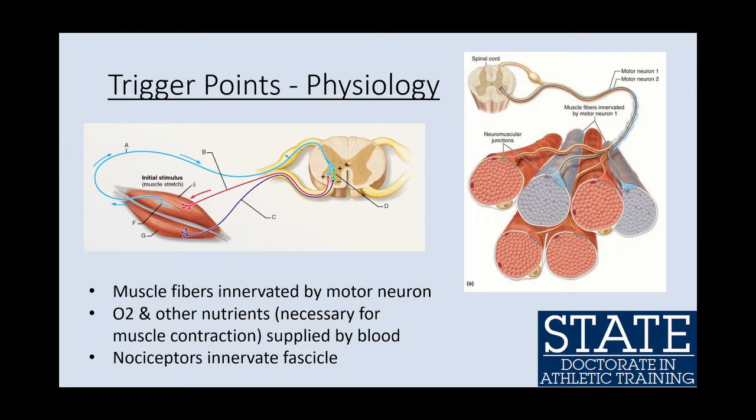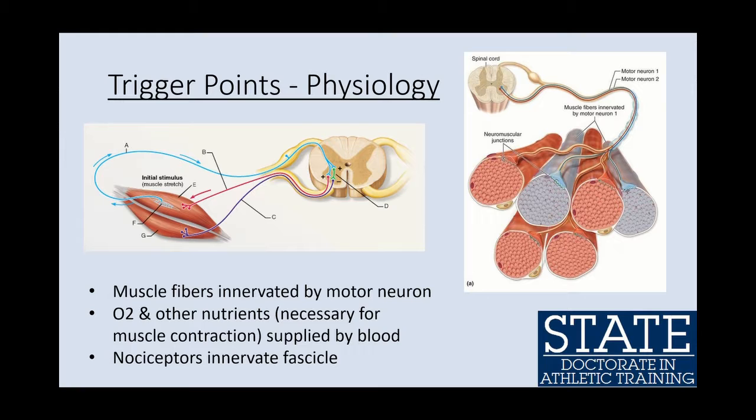Surrounding these fibers are arterioles that supply them with oxygen and blood. The blood also contains other nutrients that are necessary for the fibers to contract.